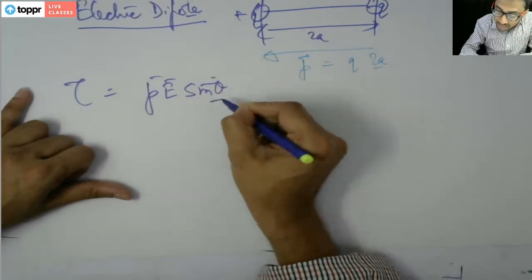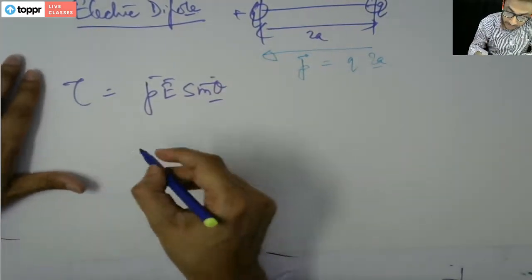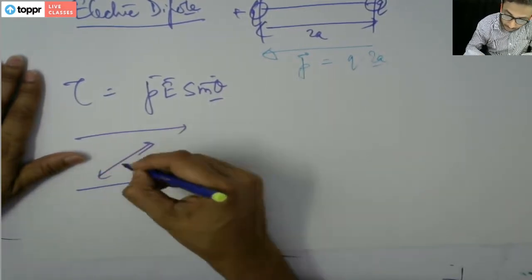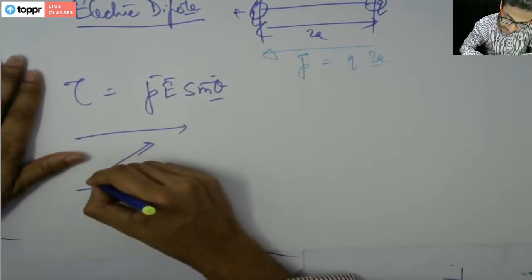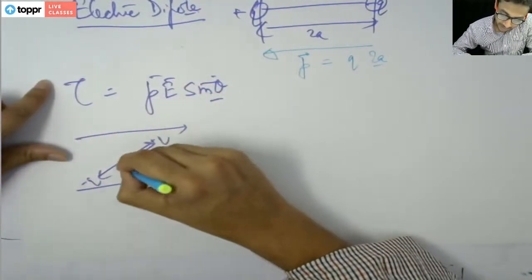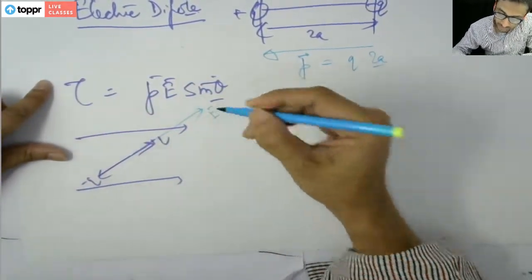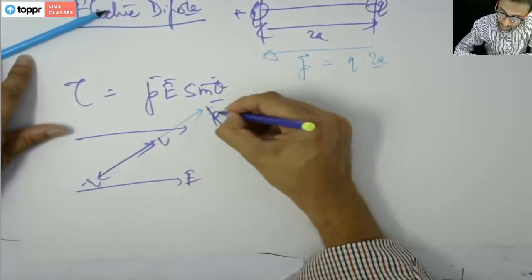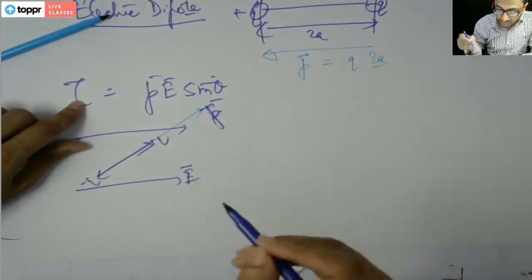PE sine theta. What does this mean? That is, there is a dipole within an electric field. Say this is minus Q, this is plus Q. So the dipole moment is directed along this direction, right? And the electric field is in this direction.